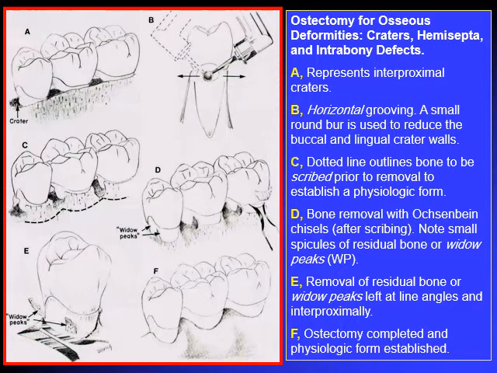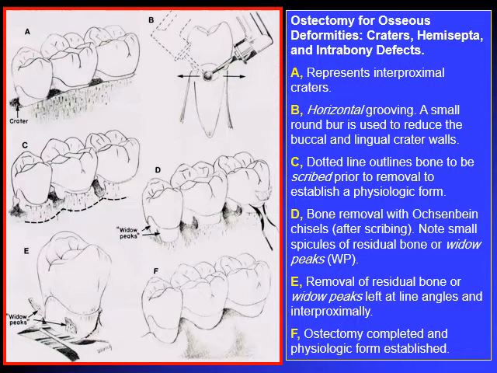See, in C, we can't leave it like that. So we have to gradualize the marginal bone. In C, you create a negative architecture where the base of the interdental bone is at a more apical level than the facial or lingual bone, or the radicular bone, and this is not good.